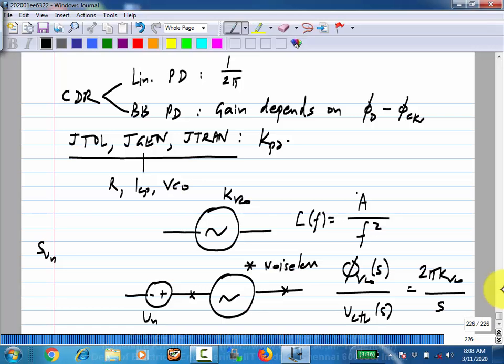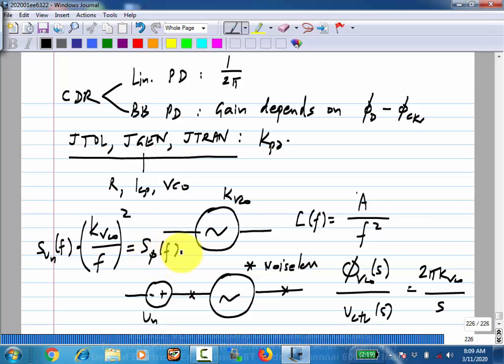So what is the relationship between the spectral density of Vn and the output phase noise? It will be S_Vn of f times kVCO by f squared. This will be S_phi of f.